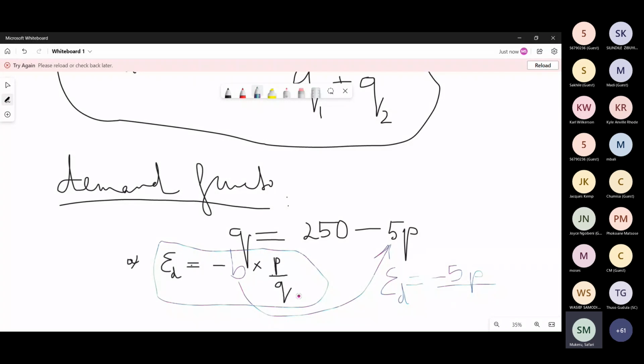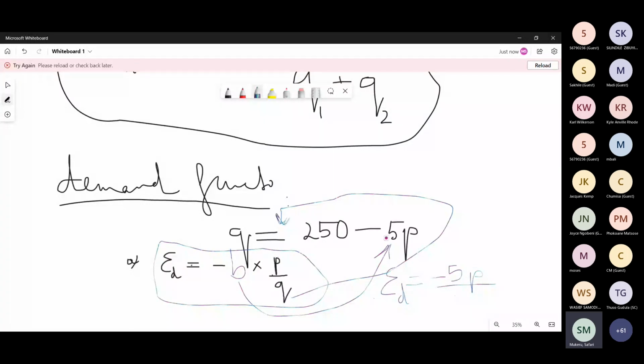Now, what is Q again? We can replace Q by its value, right? Here, Q is given. They say find the expression of epsilon D in terms of P only. So we can replace this Q by its value, which is given here. I hope you can also follow. Now we replace Q by its value.